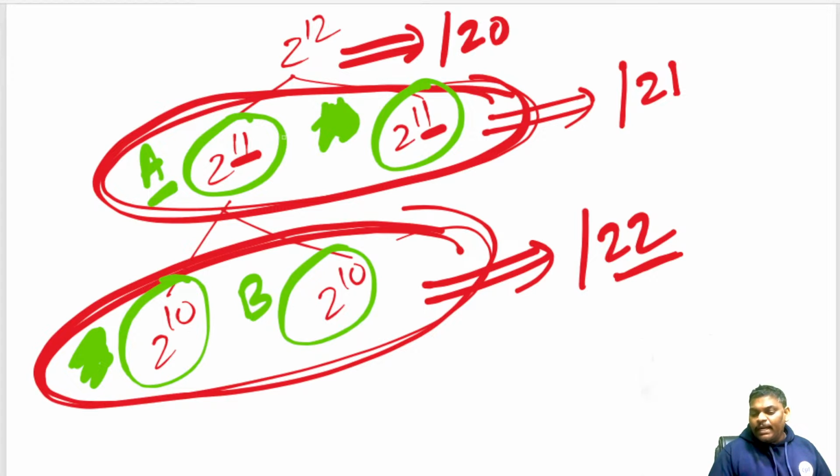If you don't divide at all, mask is 20. One division, mask is 21. One more division, mask is 22. So A mask is 21, B mask is 22.